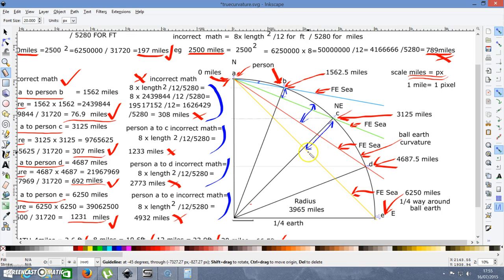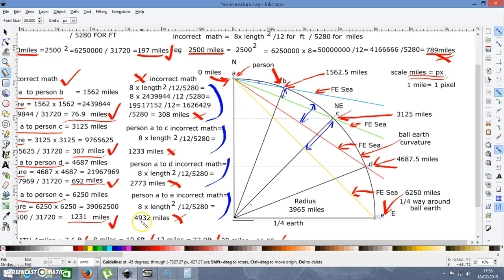Our measurement, if one person standing here and one person standing here, and this is a giant area of sea, which is flat, the distance between sea level and the height of the curvature of a 25,000 mile circumference ball would be, what's that, 1,213 miles. 1,231, so the maths.